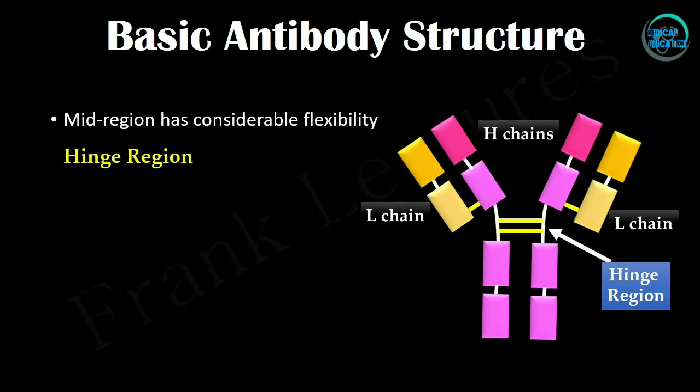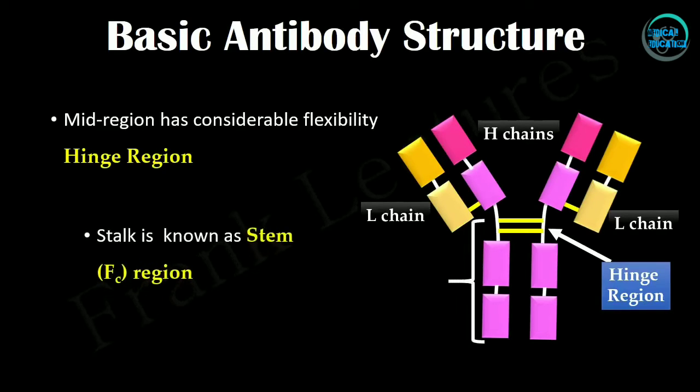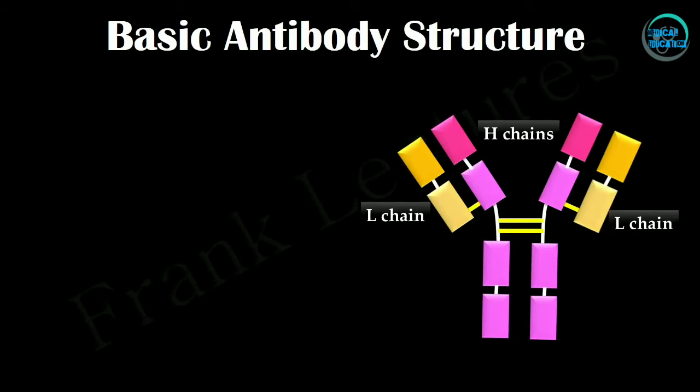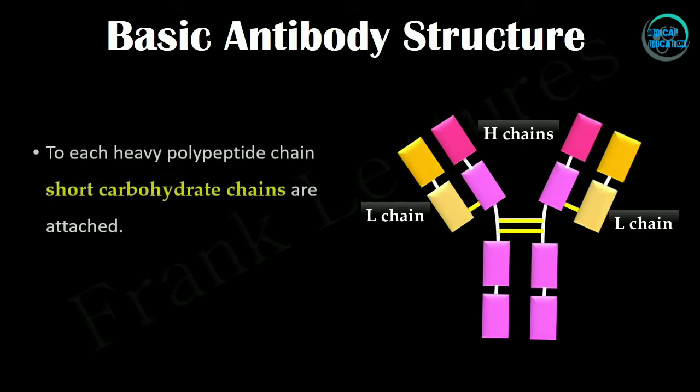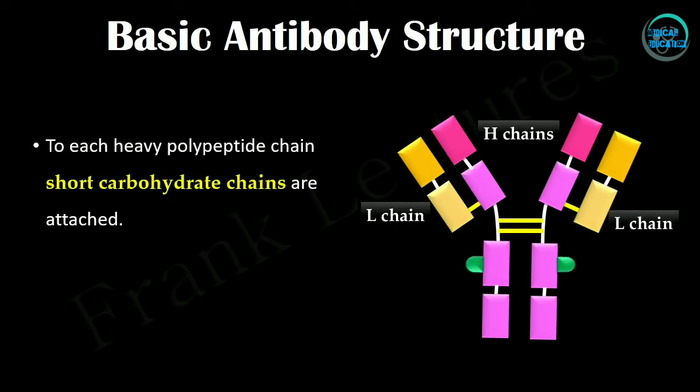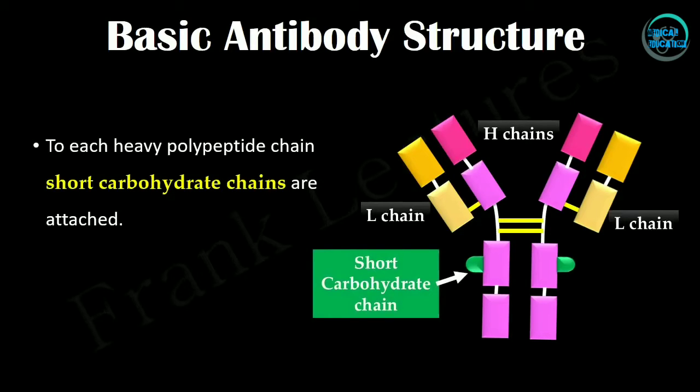The stalk of this Y-shaped antibody molecule is the stem region, also known as Fc region. To each heavy chain, short carbohydrate chains are attached. These carbohydrate chains serve many additional functions such as increasing the solubility of immunoglobulins.